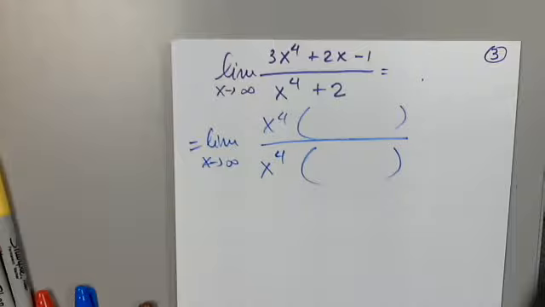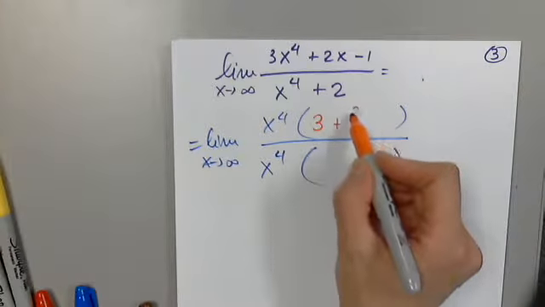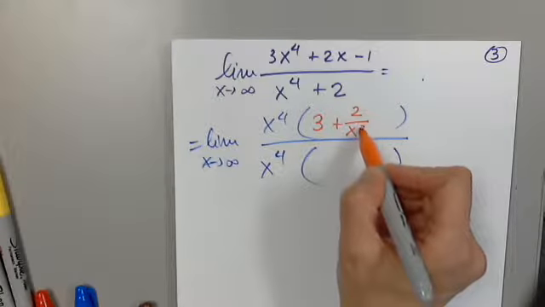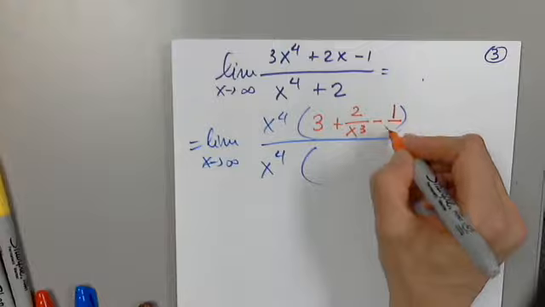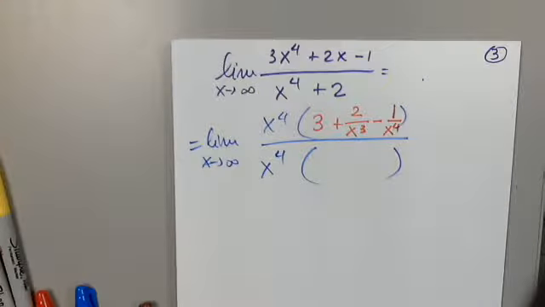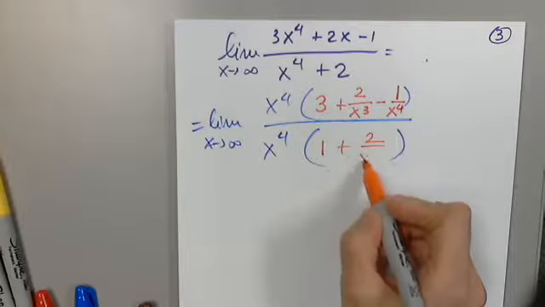Oh, 1. Right there, right. 2 over x cubed. And minus 1 over x to the 4th. Perfect. Do we agree? Yeah. Everyone? Okay. And the denominator? 1 plus 2 over x over x.